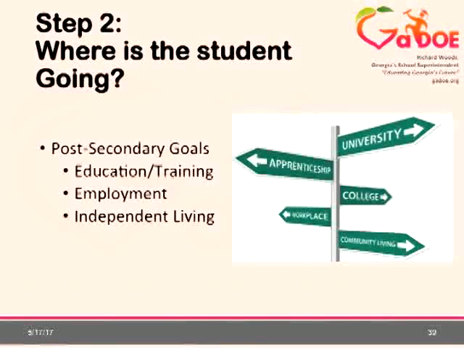It is the student's goal that you have just written down on this document for him. And so just keep in mind, this is not your goal that you've come up with. This is something that the team has come up with, and the student was included in this. So remember, there were three categories. There was employment, education and training, and independent living.